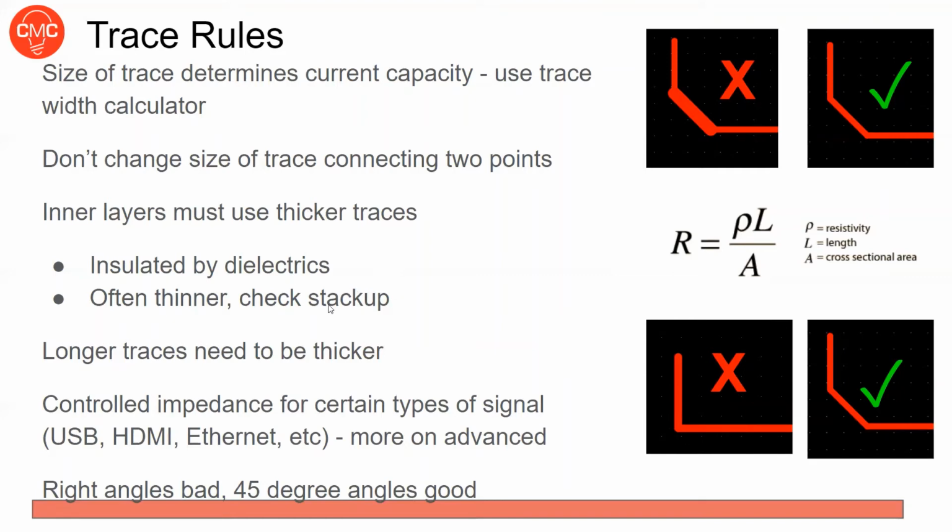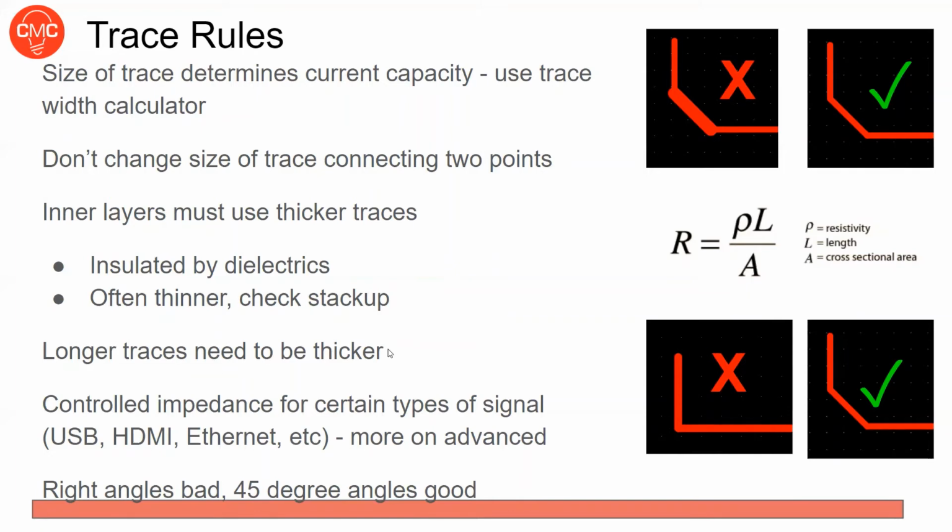Those are often thinner, so you have to use thicker traces. Also, the trace is insulated by the dielectrics because it's sandwiched inside the board. It's covered in things, not on the outside, so the ability for heat to dissipate is lower. So just use thicker traces if you're doing any internal routing, which I don't think you'll be doing for this course, but consider it as you move forward in your design education.